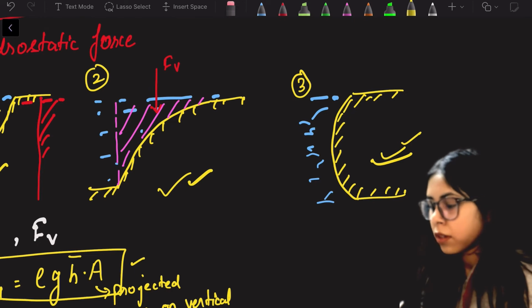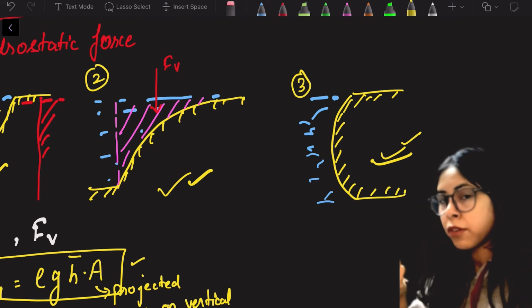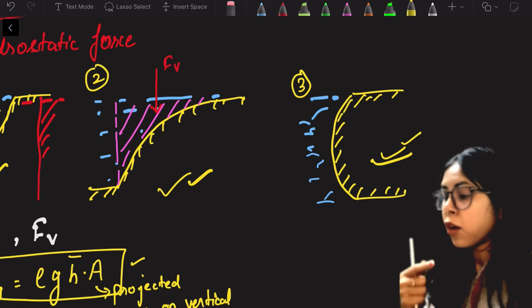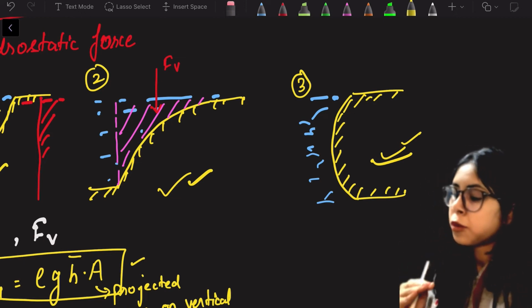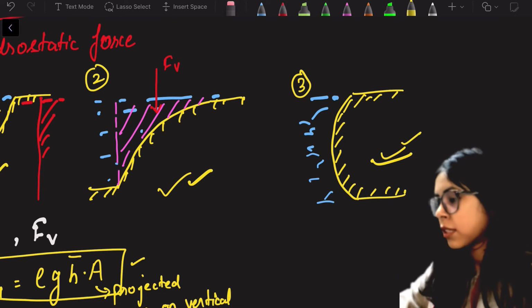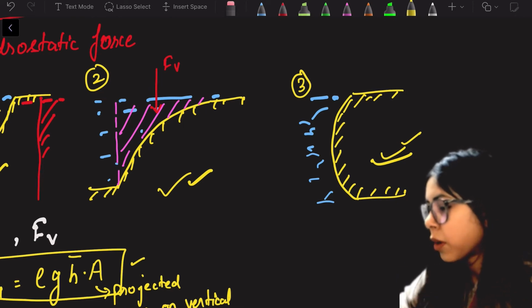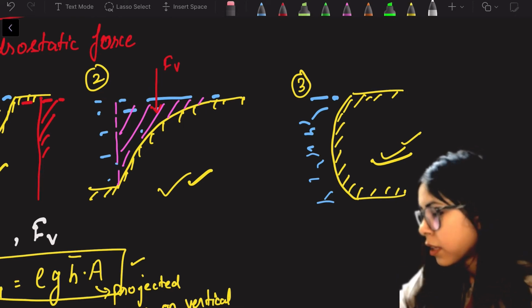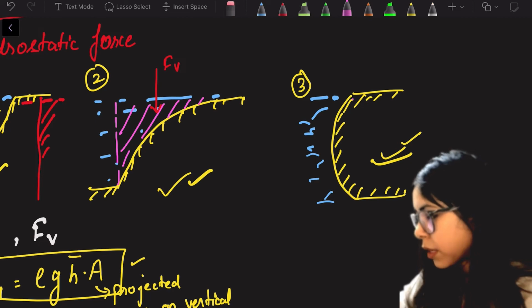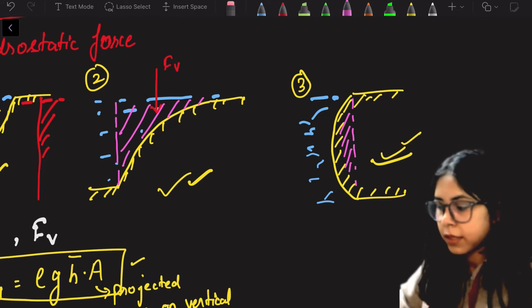If the body was not there, how much water was there, and now if the body is there, how much water is displaced. So this is the curved body and this much water this body has displaced. So how much water it has displaced.